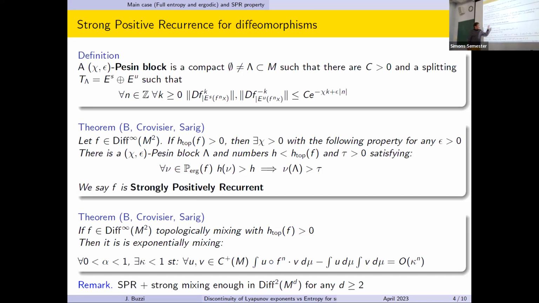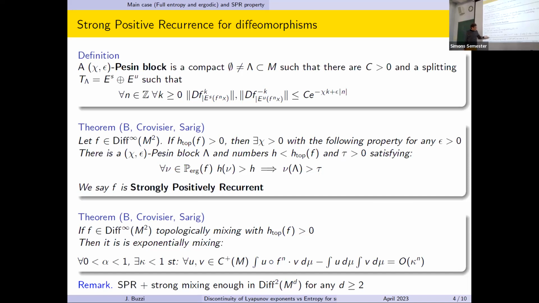Then the strong positive recurrence of the symbolic dynamics implies, thanks to work of Sarig, the exponential mixing, which is the same as we saw in Polyplot's course.